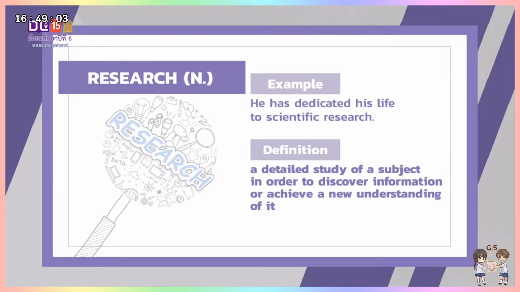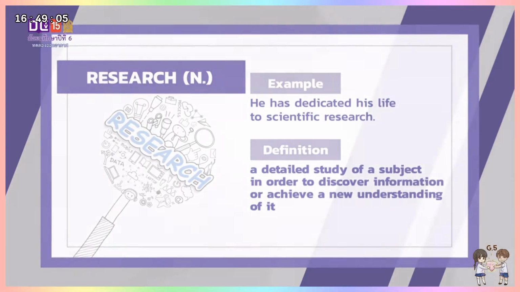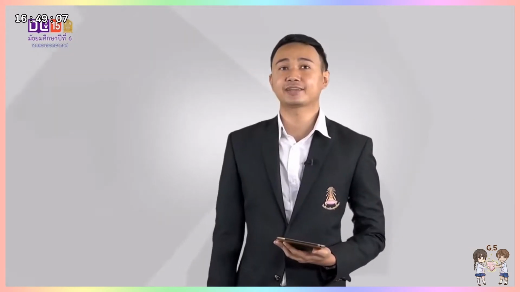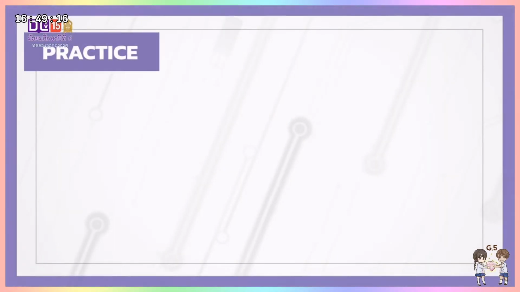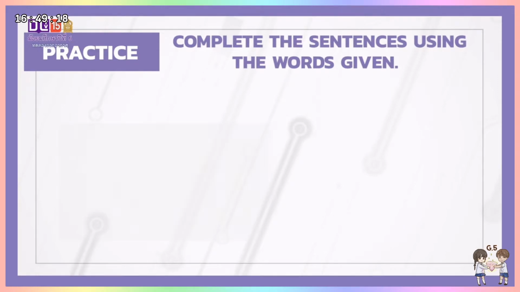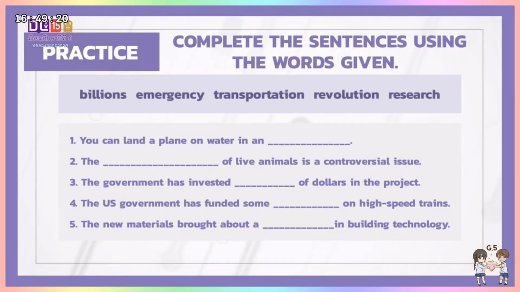Okay, so this is a practice for you today for reviewing the vocabulary that you have learned before. Let's see the instructions: complete the sentences using the words given: billions, emergency, transportation, revolution, and research.